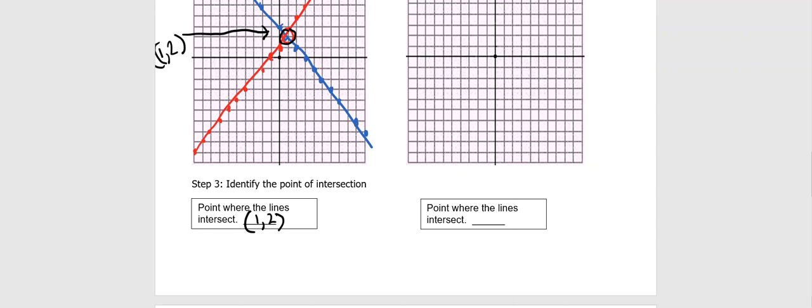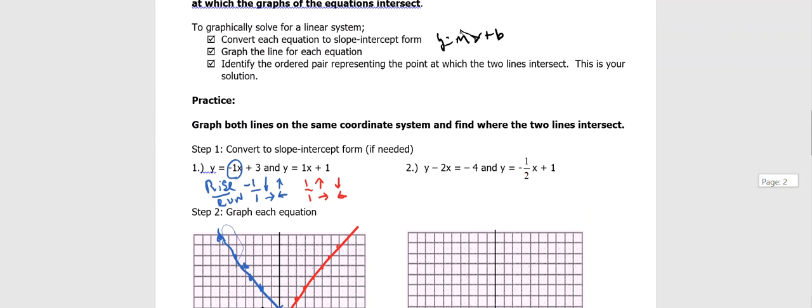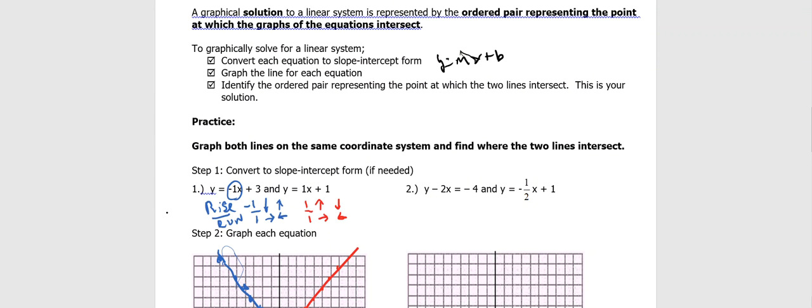So if we wanted to test that ordered pair is indeed the correct solution, we could substitute it back in to each equation and make sure it makes each equation true. So let's see, negative 1 times my x value of 1 is negative 1, plus 3 does give me my y coordinate in the ordered pair of 2. So it makes the first equation true.